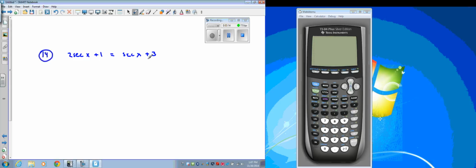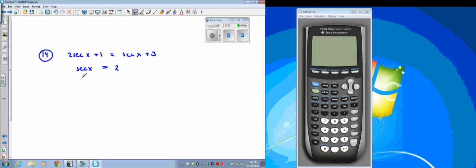Now there's just one variable, so what I do is I get all the secants on one side, all the constants on the other. So you bring this secant over here and you just have secant left, right? And you take the 1 over here and you have 2.